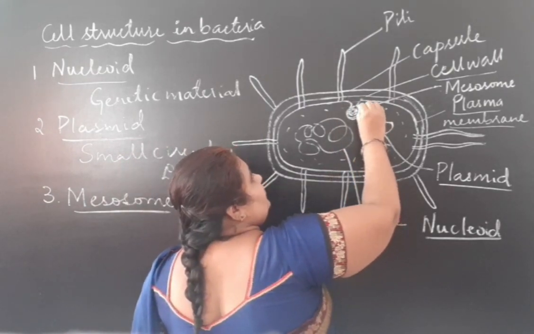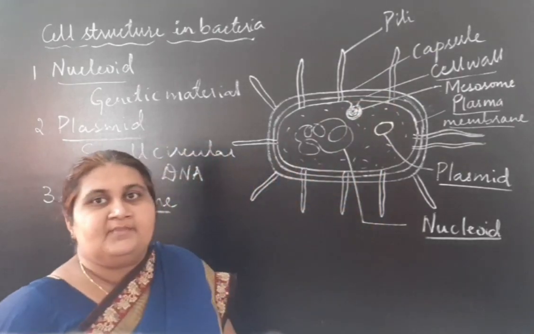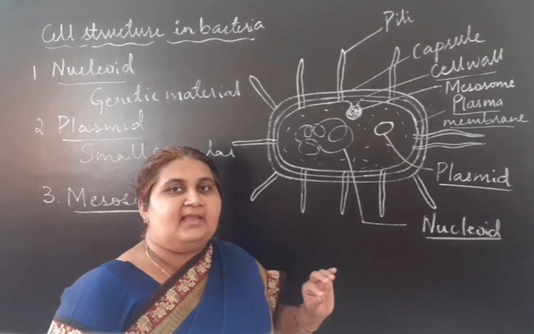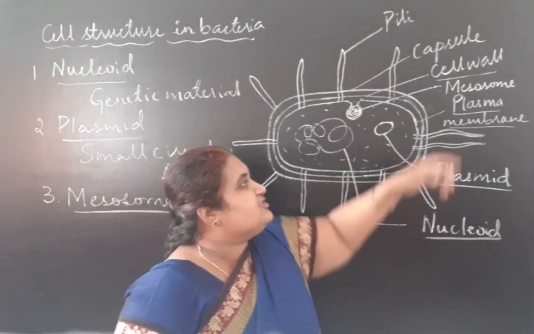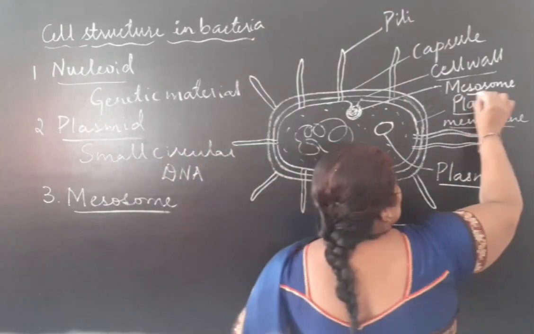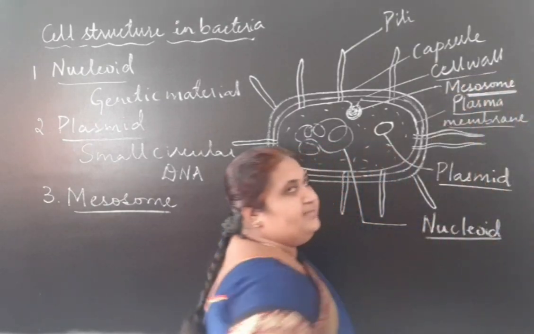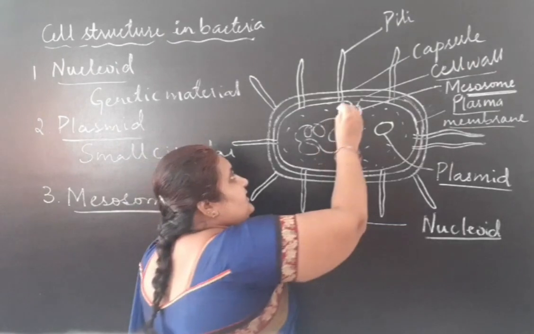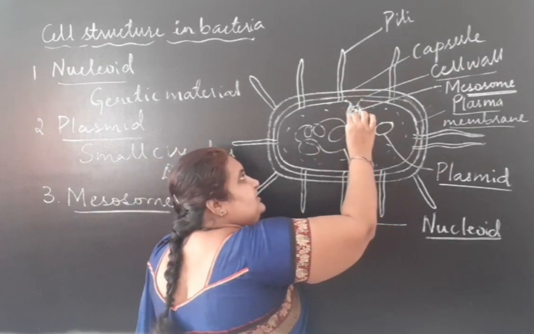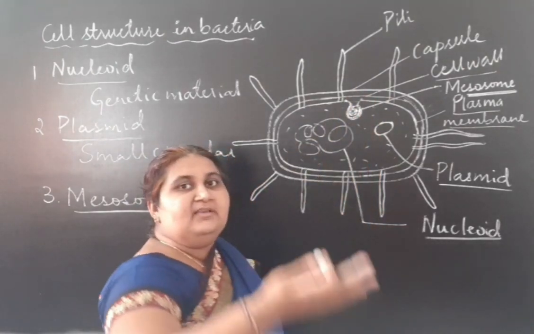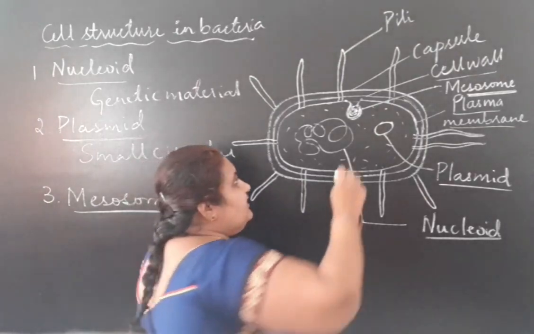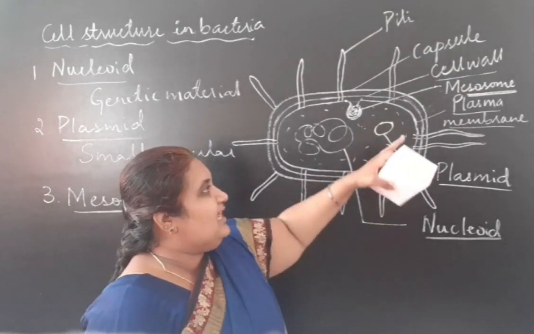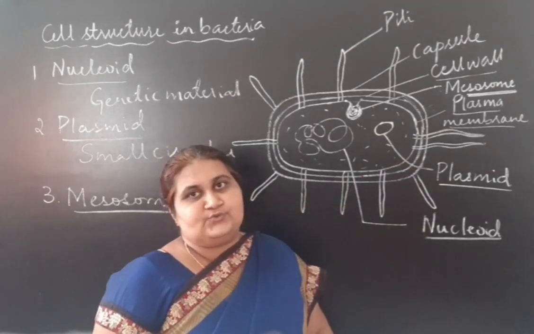It is coiled, enfolded. That enfolding of plasma membrane in a bacterial cell is called mesosome. The plasma membrane is pushed inside, folded inside the cytoplasm. That enfolding is called the mesosome.